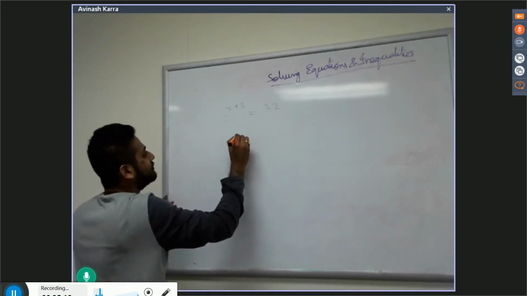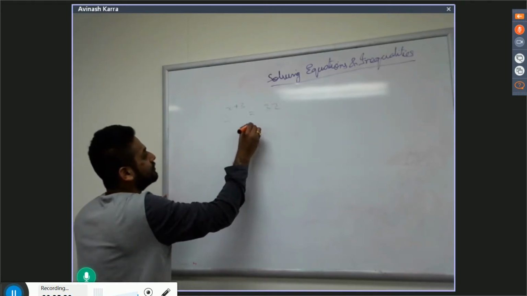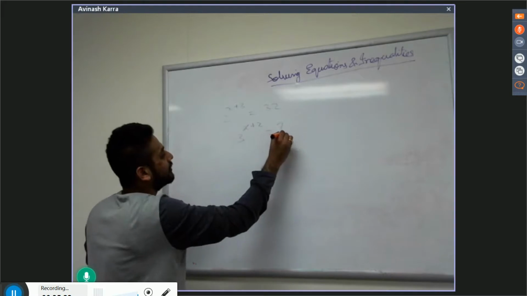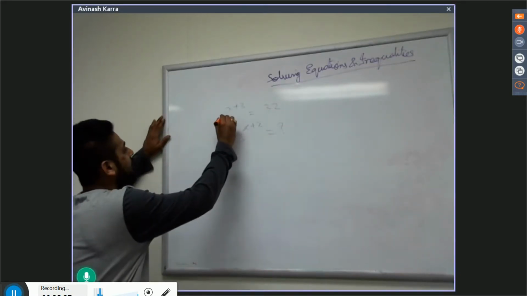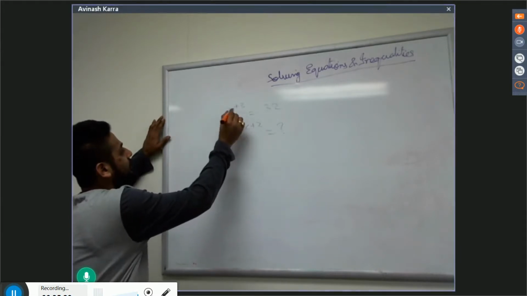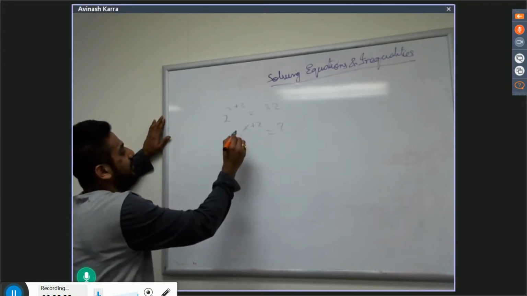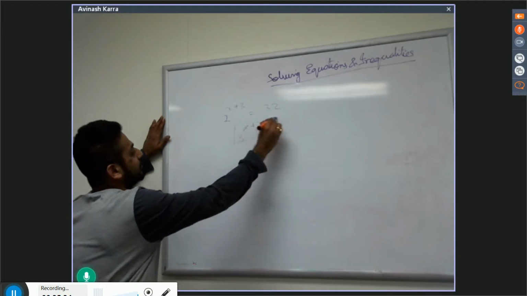Can you find the value of 3 power x plus 2? If 2 power x plus 3 is equal to 32, can you find this value?